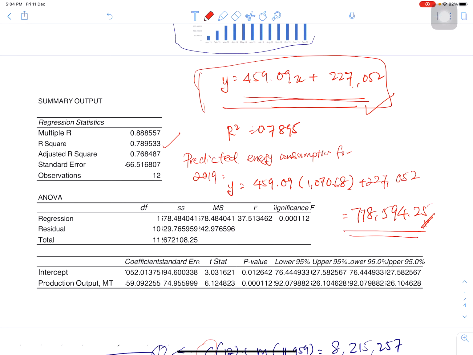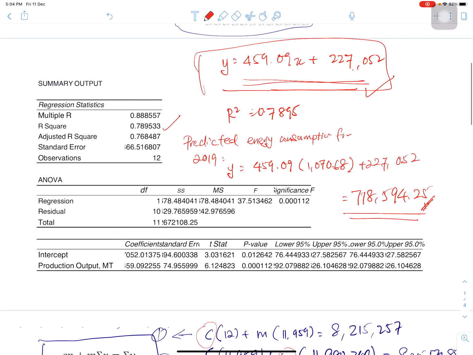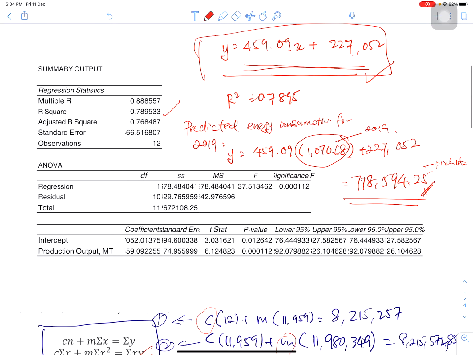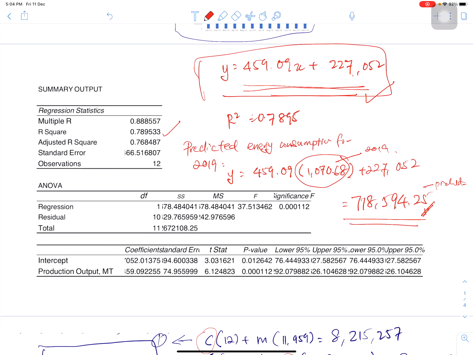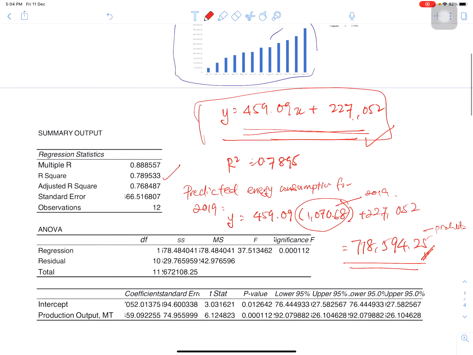Now we have to compare with the actual energy consumption in 2019. Remember, this is the x in 2019, and this is the predicted. So what is the actual consumption in 2019?